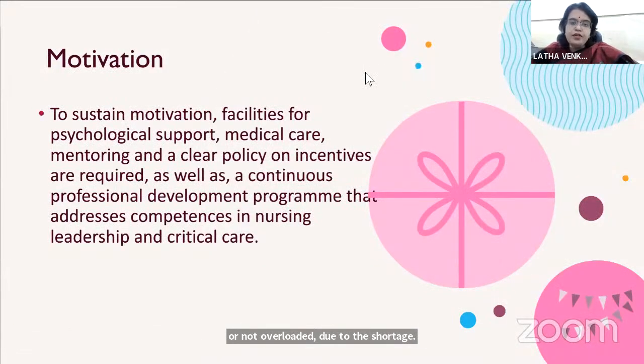Motivation is an important component of the leadership strategy to be followed. To sustain motivation, facilities for psychological support, medical care, mentoring, and a clear policy on incentives are required, as well as a continuous professional development program that addresses the competencies in nursing leadership and critical care need to be planned.